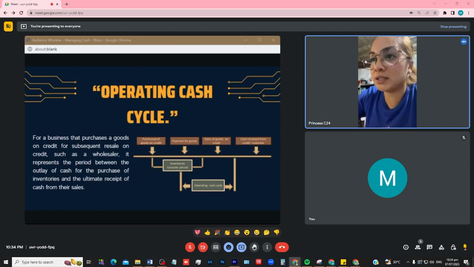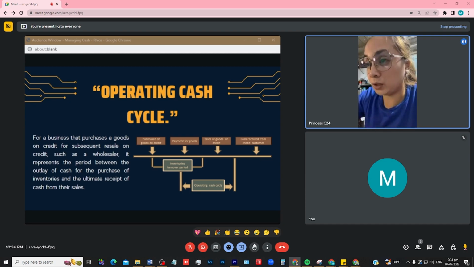For a business that purchases goods on credit for subsequent resale on credit, such as a wholesaler, it represents the period between the outlay of cash for the purchase of inventories and the ultimate receipt of cash from their sales. Makikita po natin sa picture na meron po tayong mga label or flows.